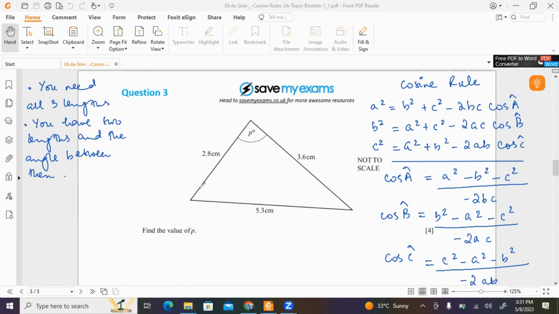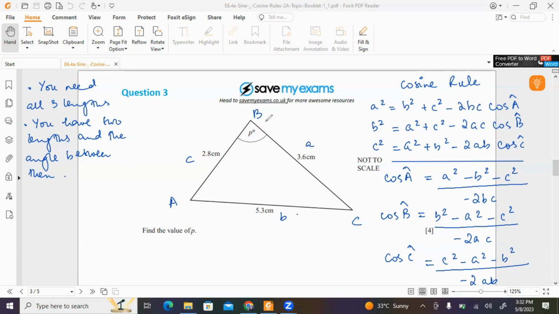So if you look at the triangle, for our case, it qualifies with the first condition where we need all three lengths. And since we have all three lengths, we can use either of the formulas for the angle ones to find P. So if we call this A, B, P, then this is small a, small b, small c.